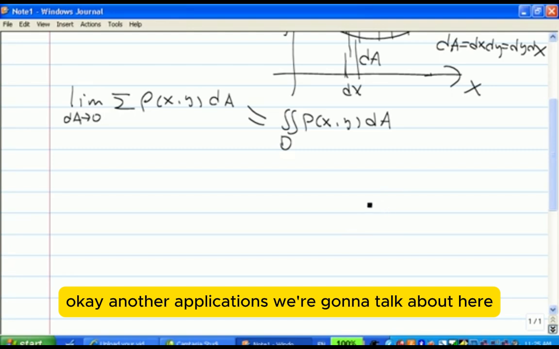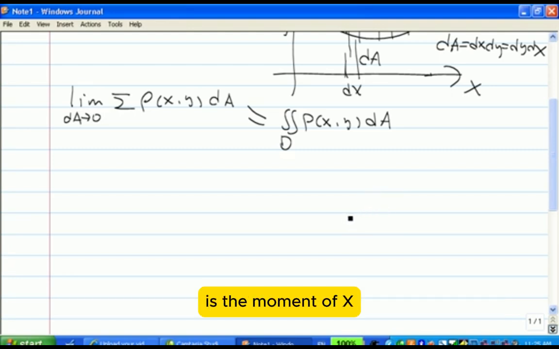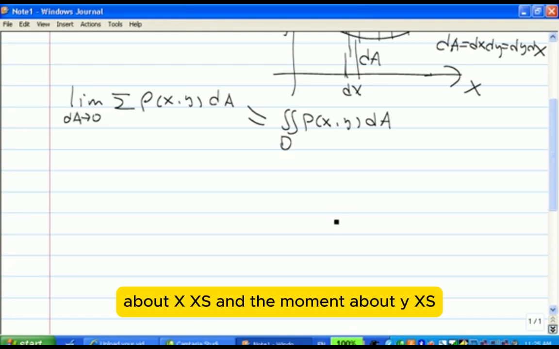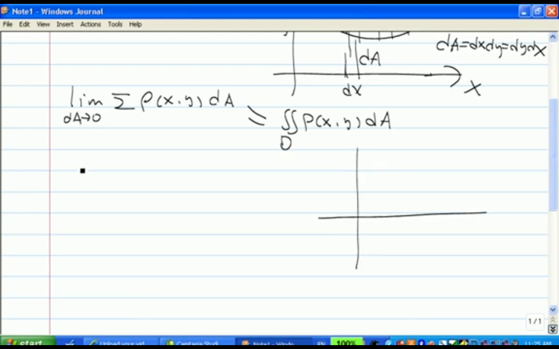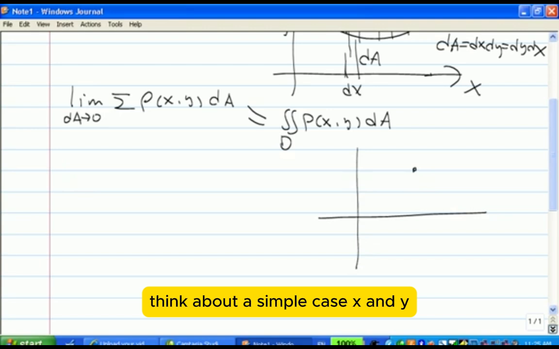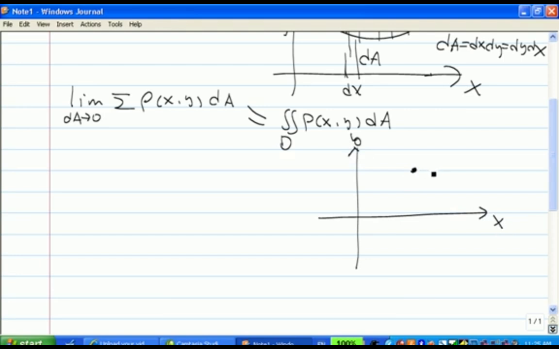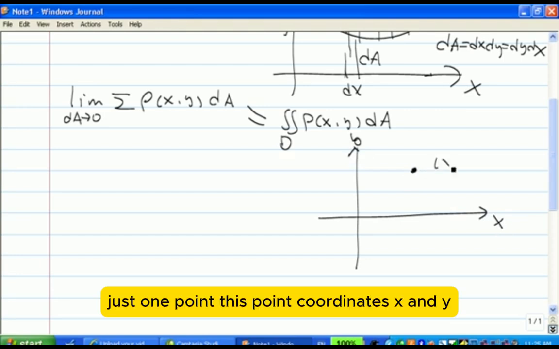Okay, another application we're going to talk about here is the moment about the x-axis and the moment about the y-axis. Now let's see what they are. Think about a simple case, x and y. Think about one point here, with coordinates x and y.